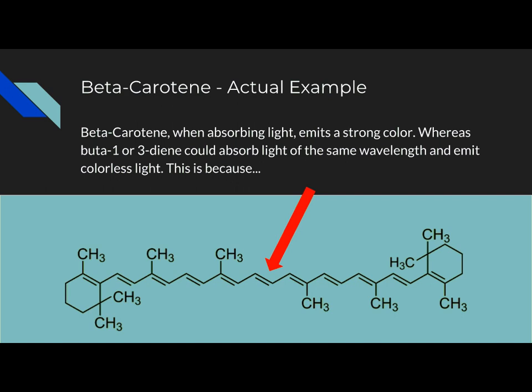When it's absorbing light, it emits a very strong color, whereas other compounds, when you shine light of the same wavelength on it, will emit colorless light, because it's longer, so the light can pass through all the double bonds, and somewhere along it will lose steam, and light will be emitted. This shows that it's not necessarily the wavelength of light you're shining, it's how the compound is structured that will change the light.